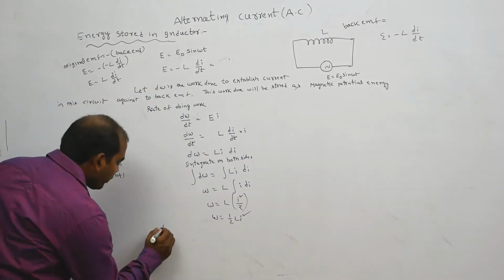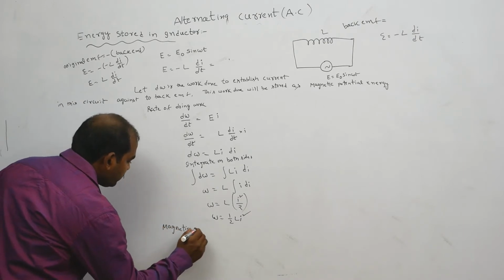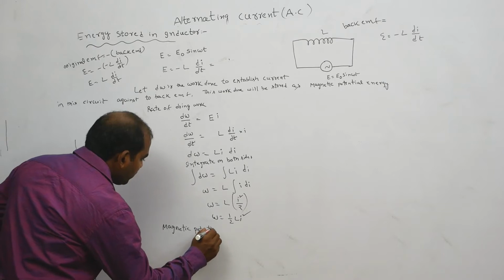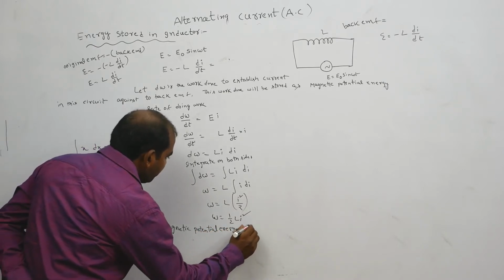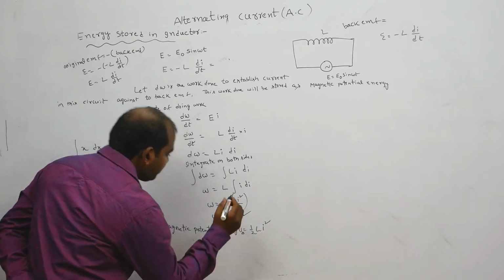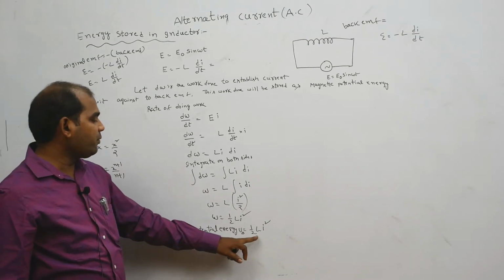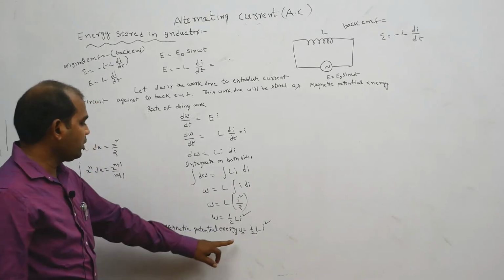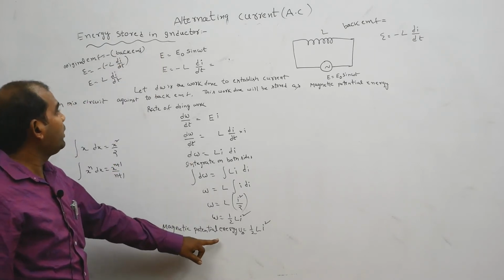So the magnetic potential energy U B is equal to half L I square. This is the final expression we got, the energy stored in an inductor.